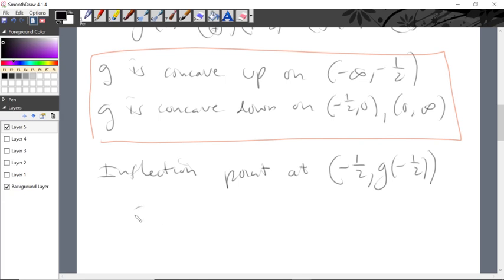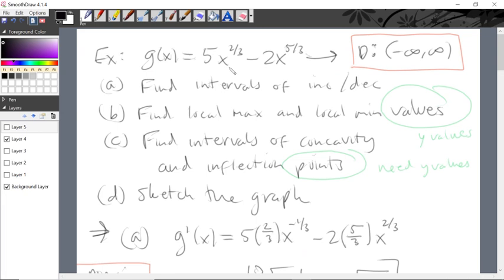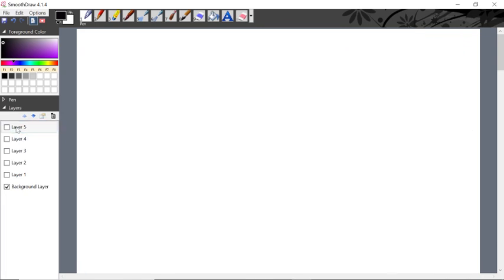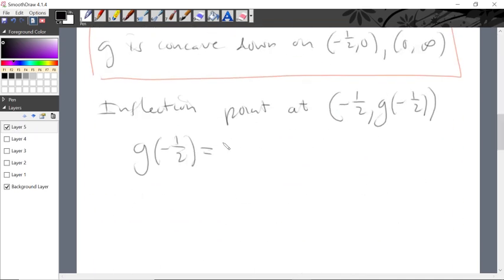So let's find the y value. What is g of negative 1/2? Let's go back to the original function. Recall, here's our original function, 5x to the 2/3 minus 2x to the 5/3. So 5 times negative 1/2 to the 2/3 minus 2 times negative 1/2 to the 5/3.